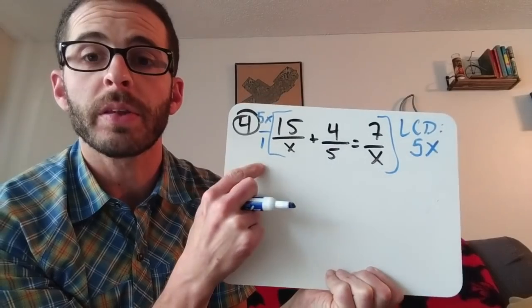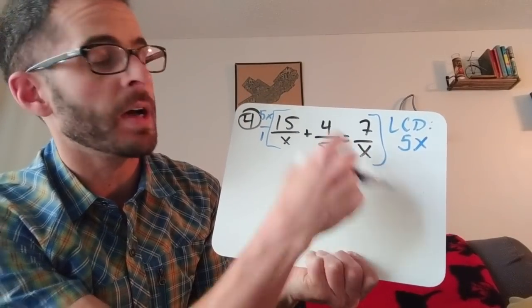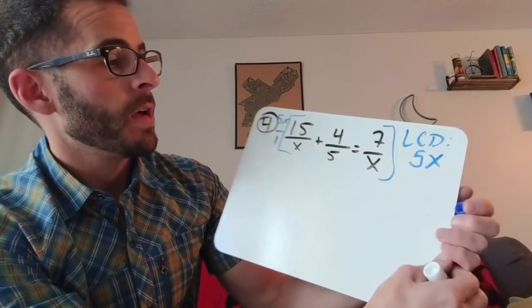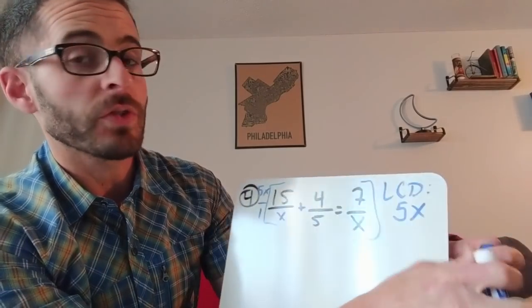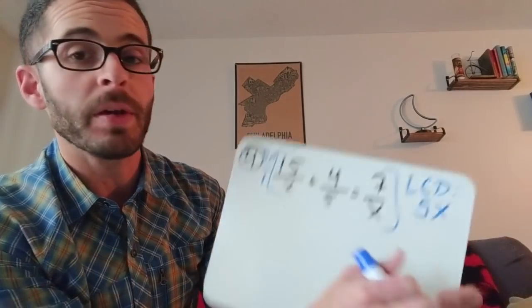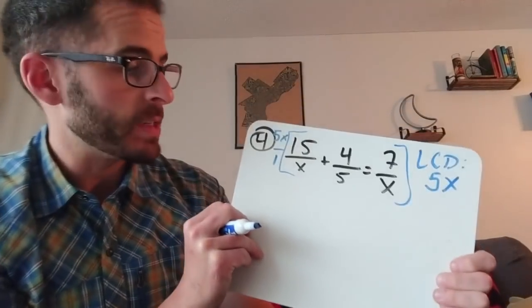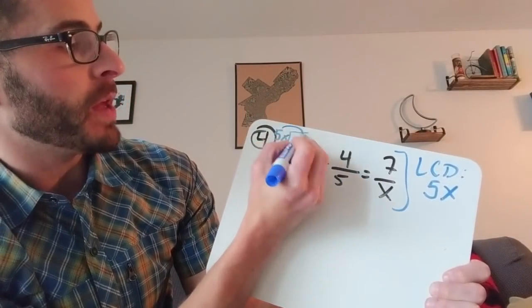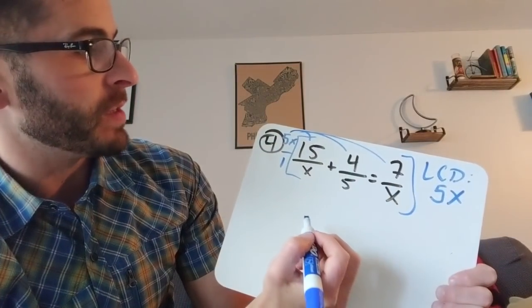Okay, remember, if I do something to the left side, I have to do it to the right side to make it equal. For this one, since I have a little extra room, I can actually write it out. It might be helpful for you to do this every time. We're distributing it in every time.